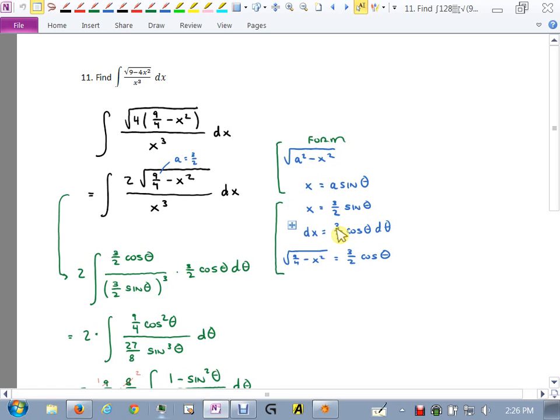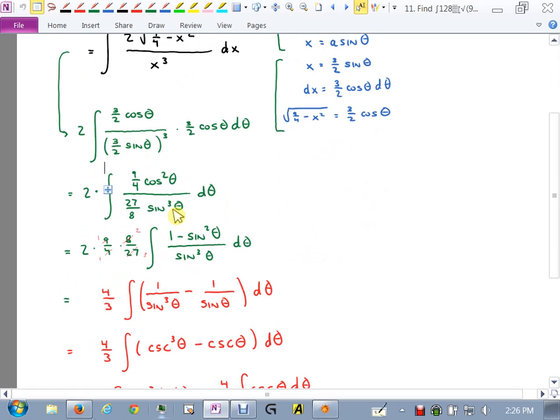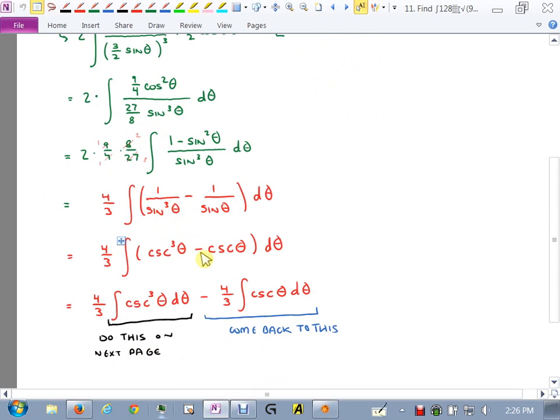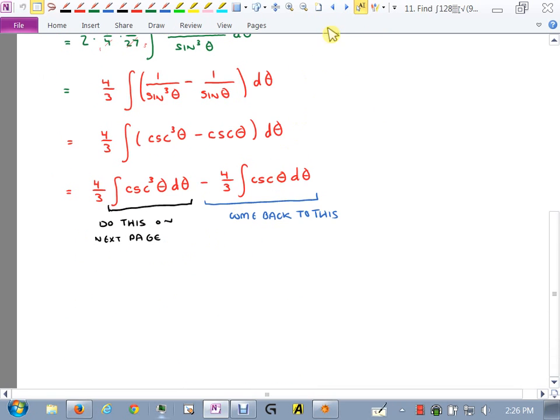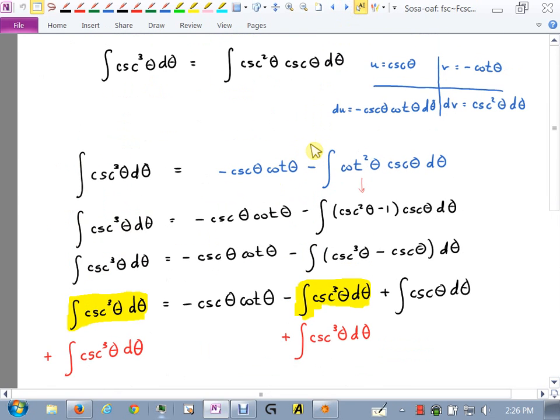Well, 3/2 stays, right? Derivative of sine is cosine. But see, there's a little derivative right there, just in one little piece of this big problem. And then in here, you have to do some trig identity stuff, like cosine squared is 1 minus sine squared, and then you split it up, and this is cosecant. And now we're using this other technique over here.